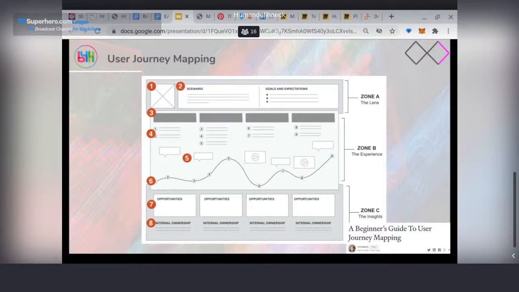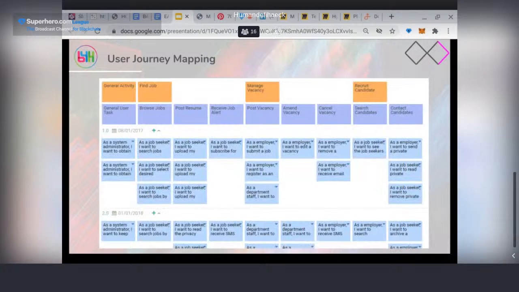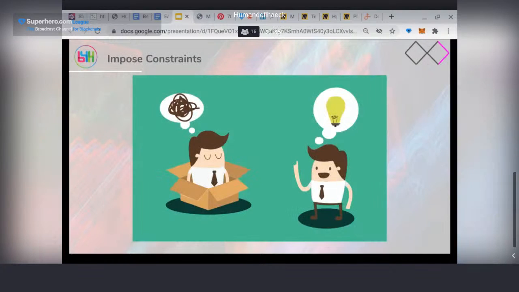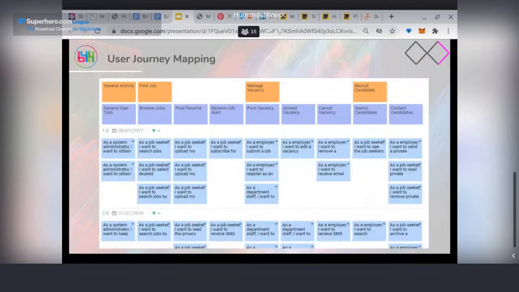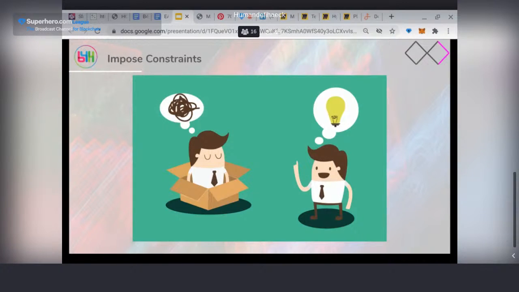How many steps are in that process? What are the opportunities in every single step of those? And of course, describe a little bit the scenario and what are the goals and expectations of this. This is just an example of what a user mapping could be.